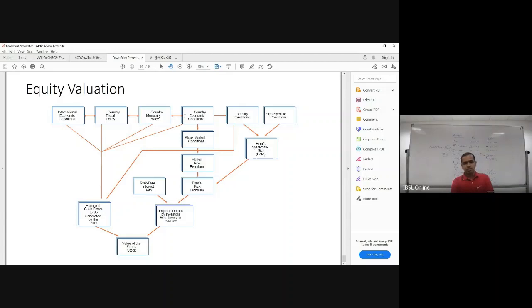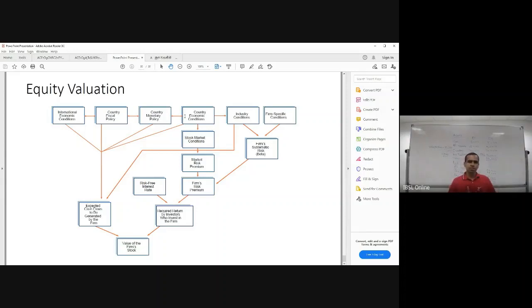Fiscal policy, meaning the policy on taxes. Right, now, there were so many tax incentives given for investing in equity. The fiscal policy. Monetary policy, interest rates being brought down has affected the stock market. Economic conditions, economic recovery post-corona is helping the stock market boom. Industry conditions, the focus on local industries post-budget.